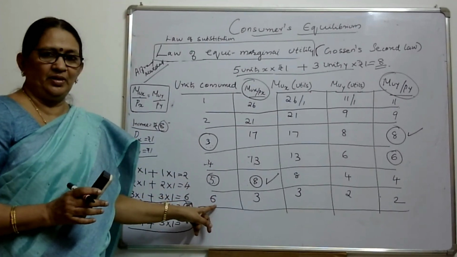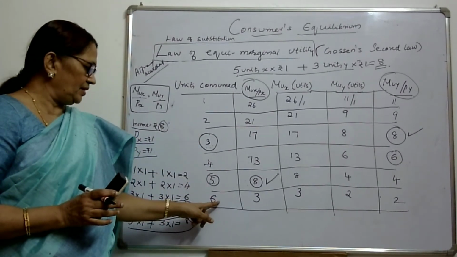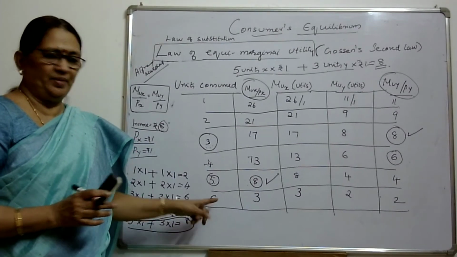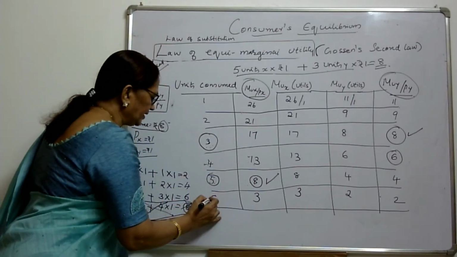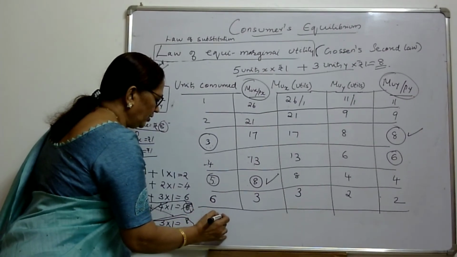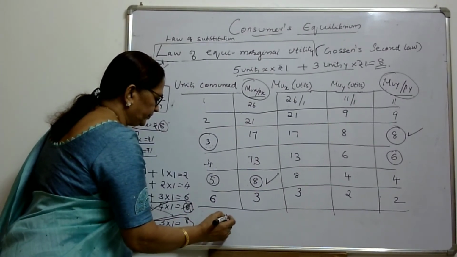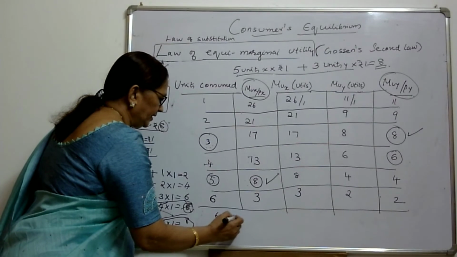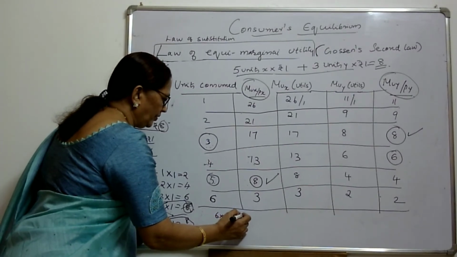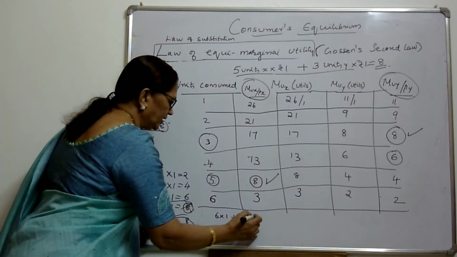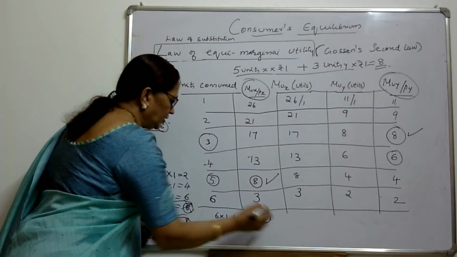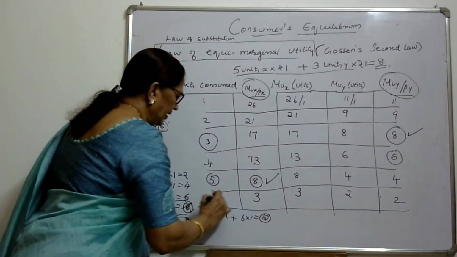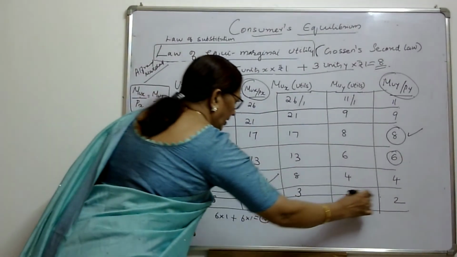We will check one more condition. If he is consuming 6 units of good X plus 6 units of good Y, is it possible? It is 12 rupees. So, this condition will not prevail.